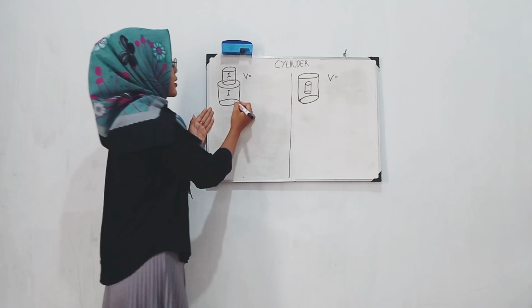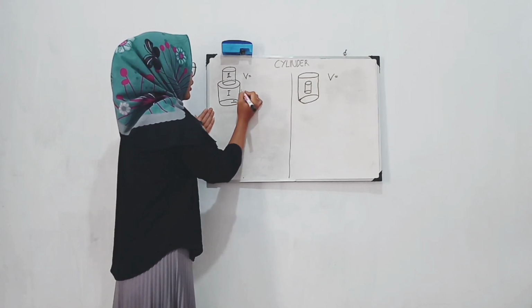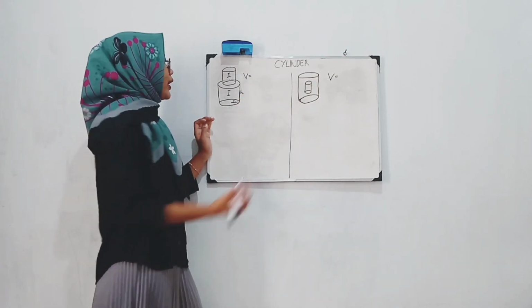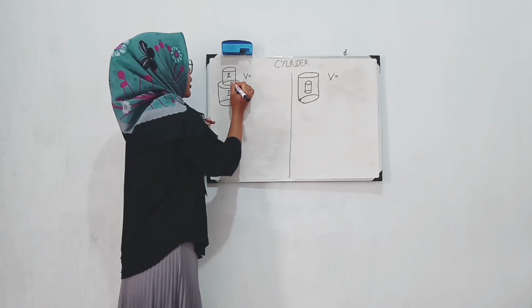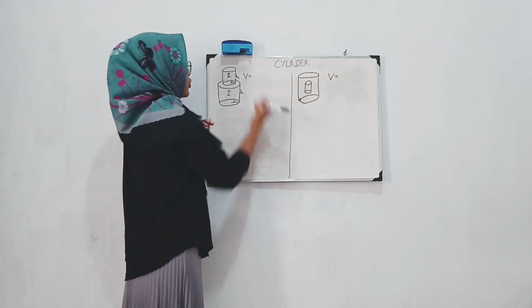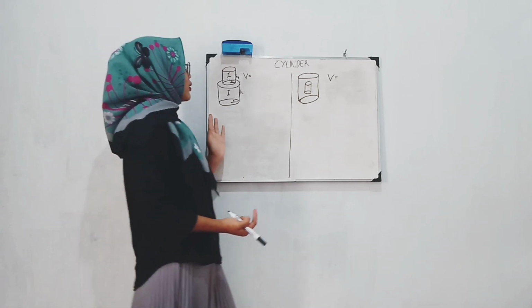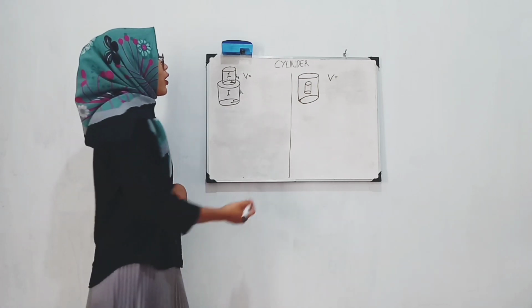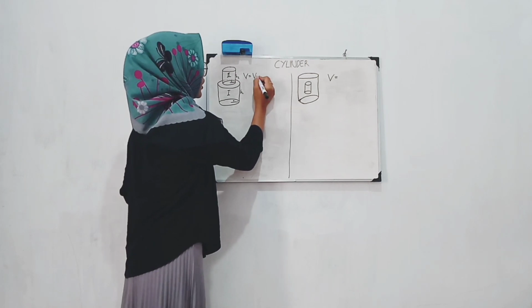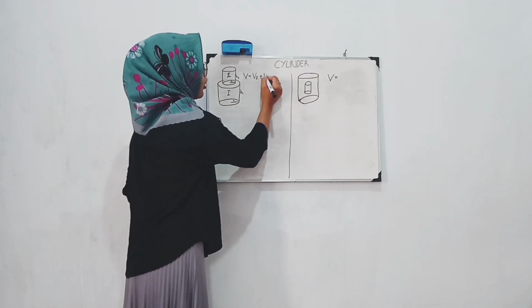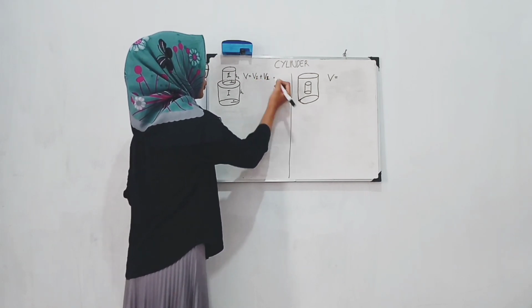Cylinder 1 has radius 1 and height 1, while cylinder 2 has radius 2 and height 2. So, volume of the combined cylinders is volume of cylinder 1 plus volume of cylinder 2.